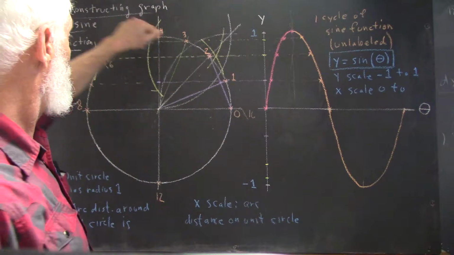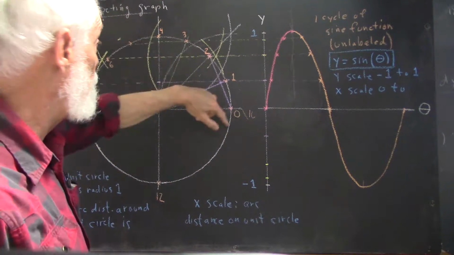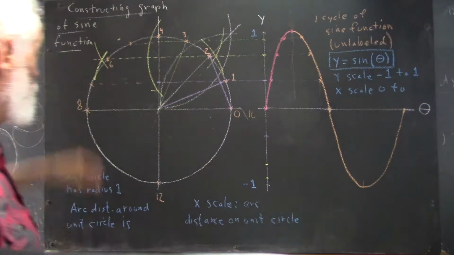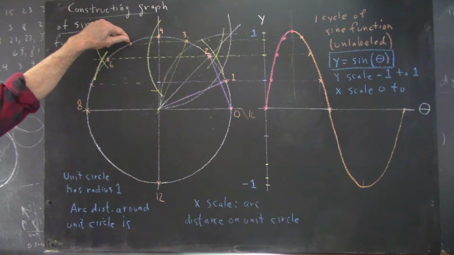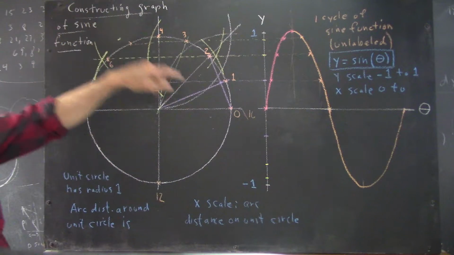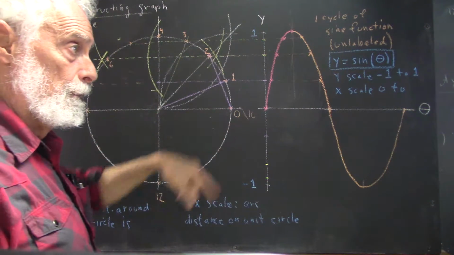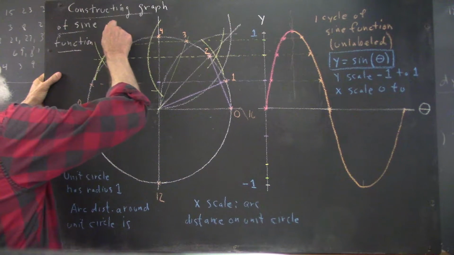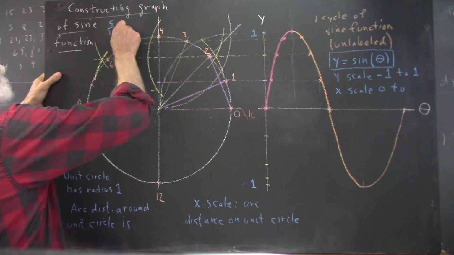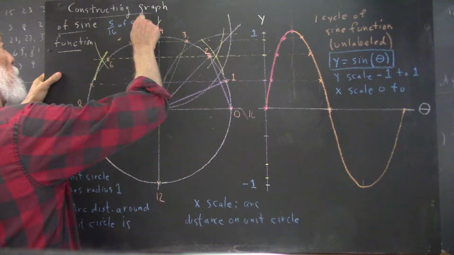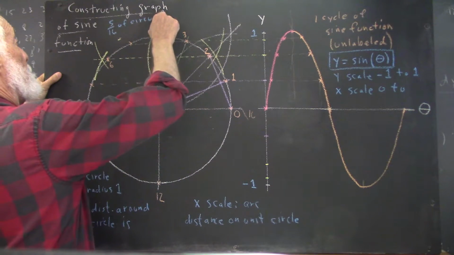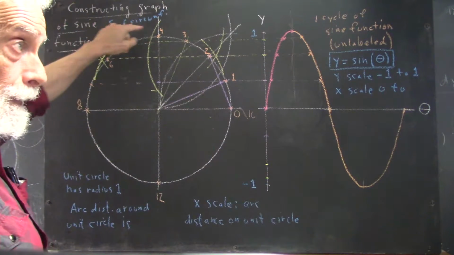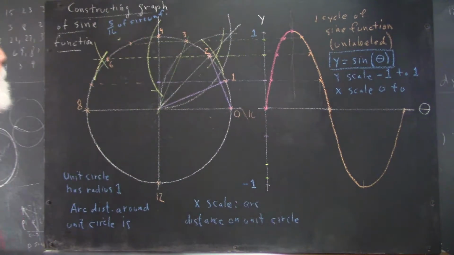So the arc here is 5/16 of the total arc around the circle, isn't it? So this angle is going to correspond to an arc of 5/16 of the circumference.